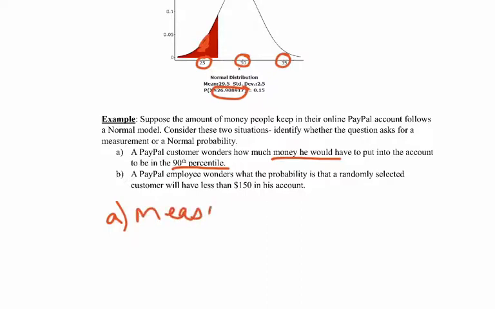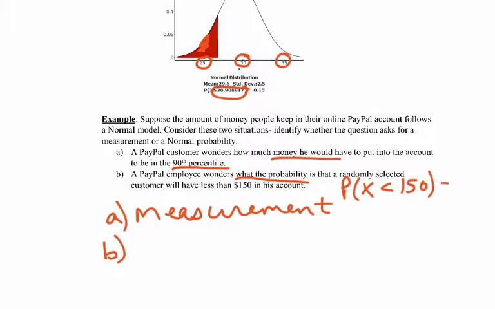Instead, they are working backwards, like in that last question, and asking you for the measurement. Part B, a PayPal employee wonders what the probability is that a randomly selected customer will have less than $150 in his account. So that time they're looking for the probability or the percentage.